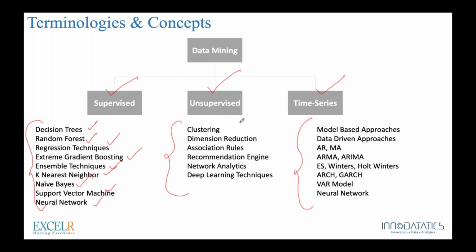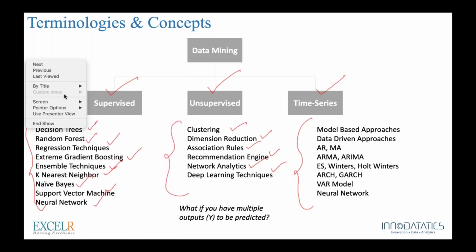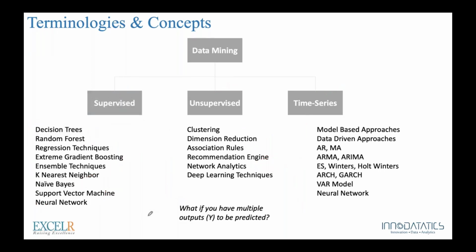And within unsupervised learning, you need all of these. And then you have this bunch of time series techniques. However, when it comes to your deep learning techniques, but before I go to those, here is a question.